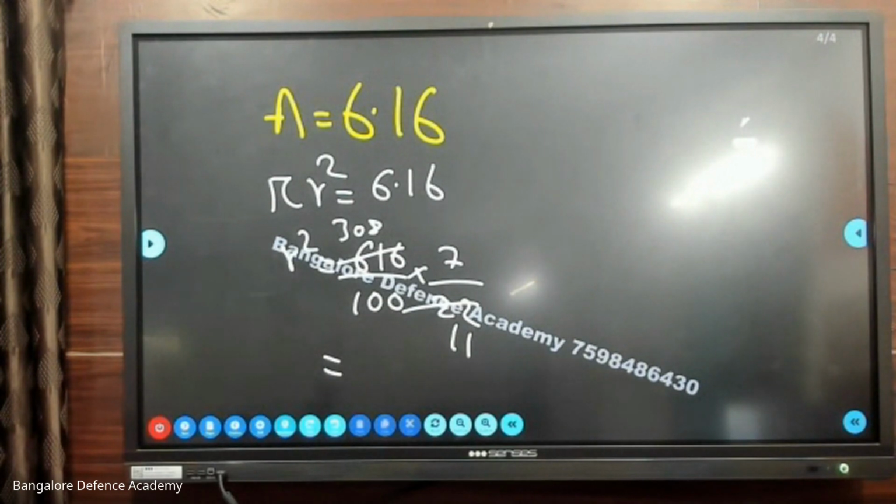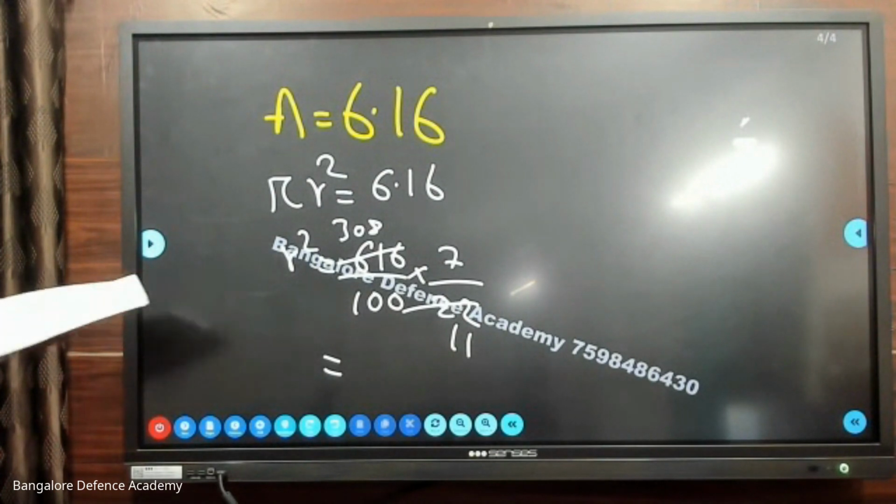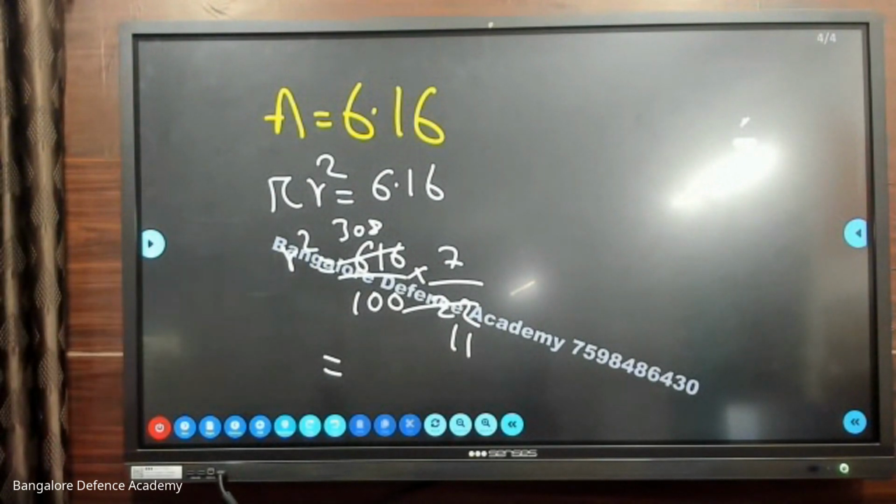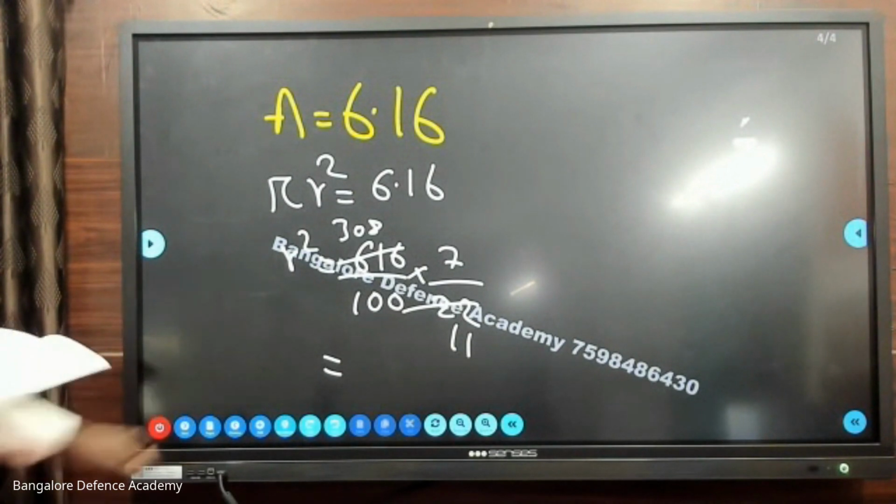You got 196. 1.96 is 1.4. r square will be 1.96. So r will be 1.4. Okay, so 14 is equal to 1.4. You can do it. You understand? Similar type of question. चलो आगे बढ़ेंगे.